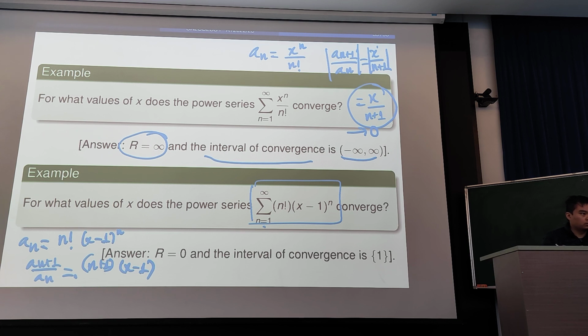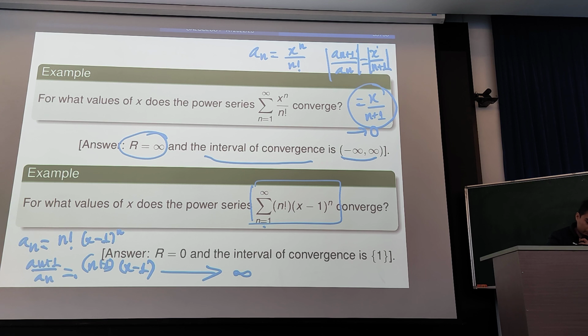This ratio tends to infinity, and this limit does not depend on x. So for every x, the series diverges, because the limit is infinity, and using the ratio test we know the series diverges.